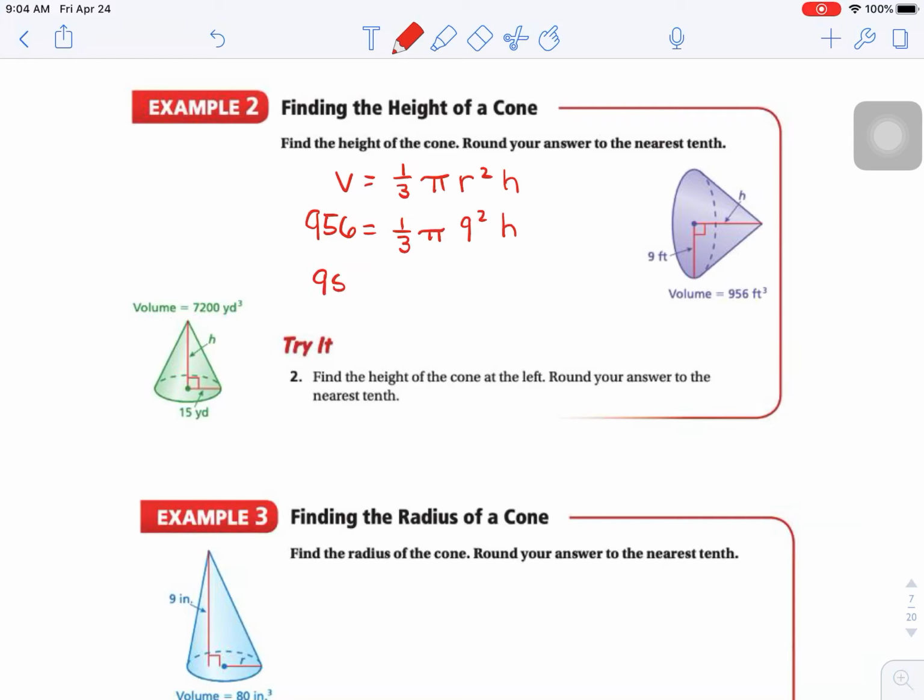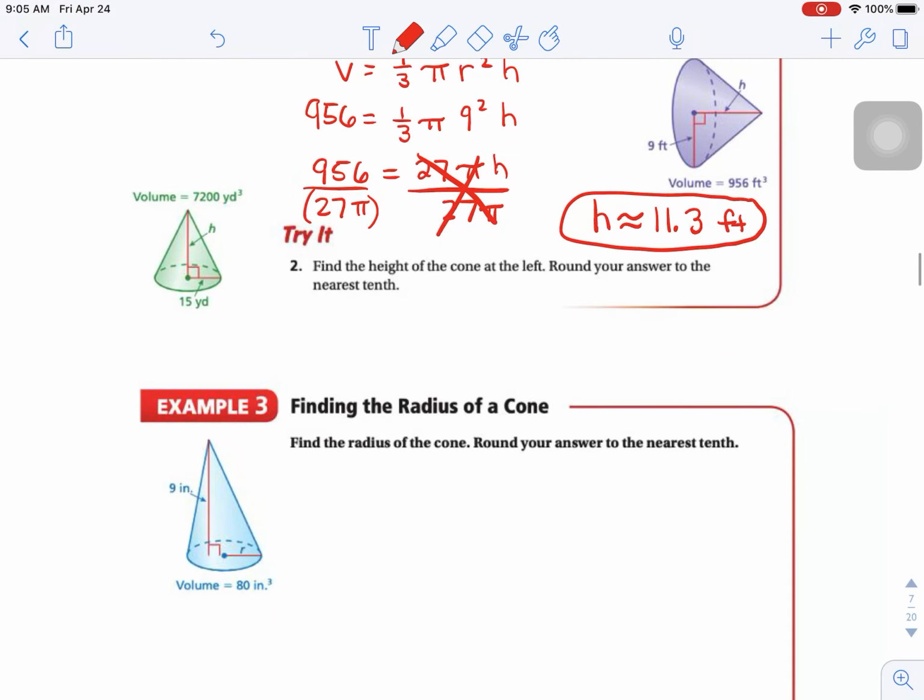If we multiply that out, 1/3 of 81 would be 27. I'm going to divide both sides by 27 pi. Again, when you're doing that in your calculator, put it in parentheses or solve for 27 pi first. When we do that, we get h is about 11.3 feet.